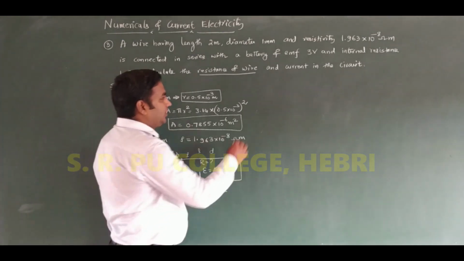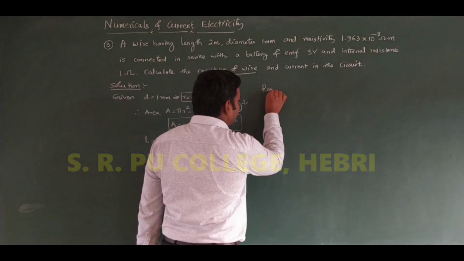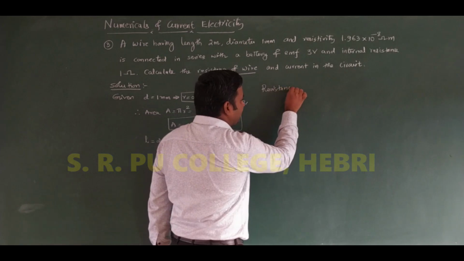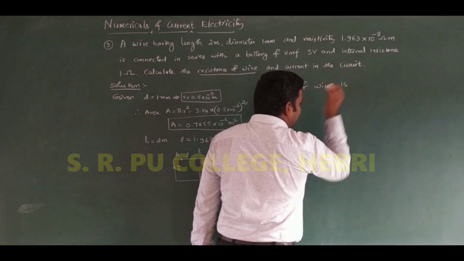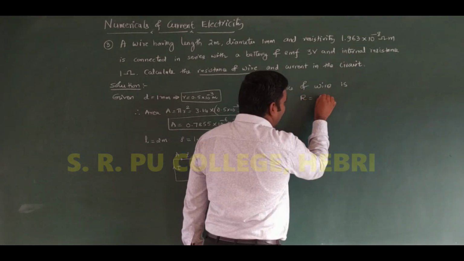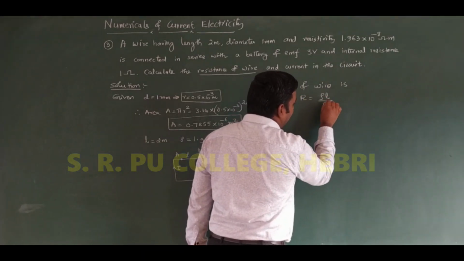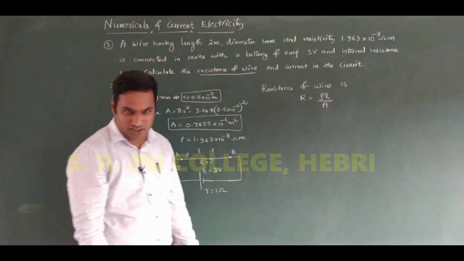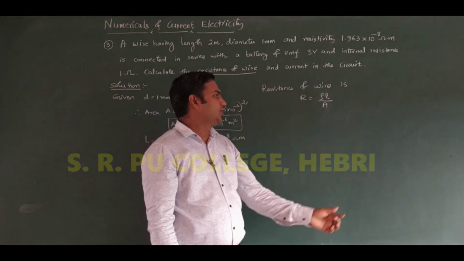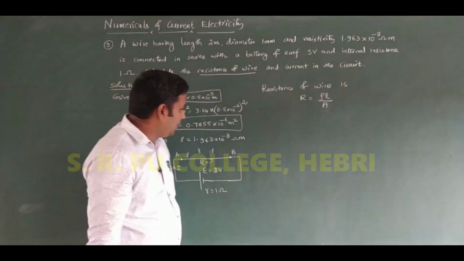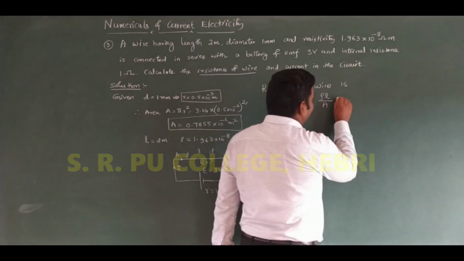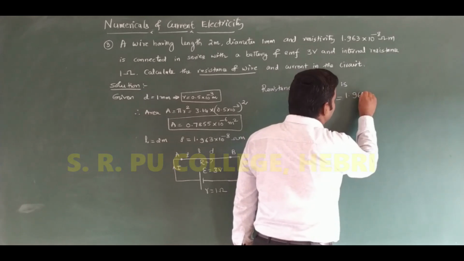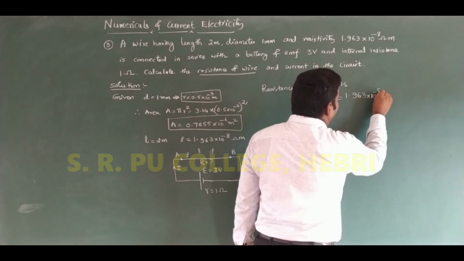Again, dear student, the resistance of the wire is taken as R. R is equal to rho L divided by A. This formula you will learn: resistance R is equal to rho L divided by A. The value for resistivity they gave here is 1.963 into 10 power minus 8.